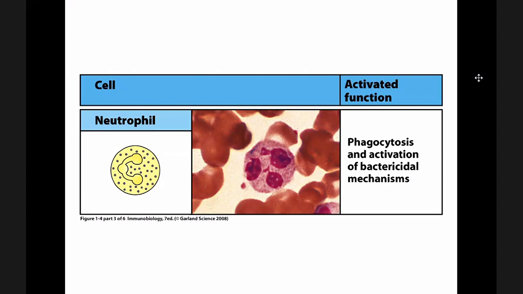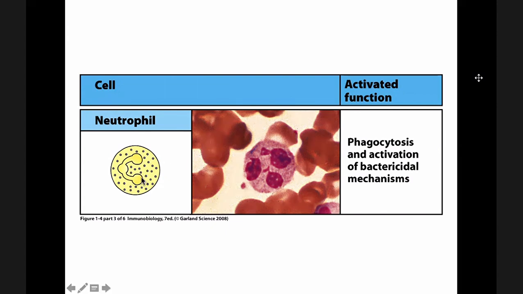So the clearance of a microbe by neutrophils is not a very efficient process, and it causes a lot of inflammation. If you want to kill off a microbe, you don't want to engage neutrophils to the extent that you end up developing all kinds of inflammatory diseases, so you have to control their function as well.